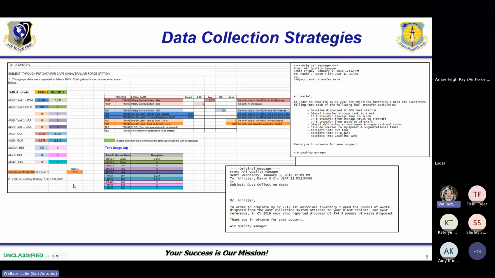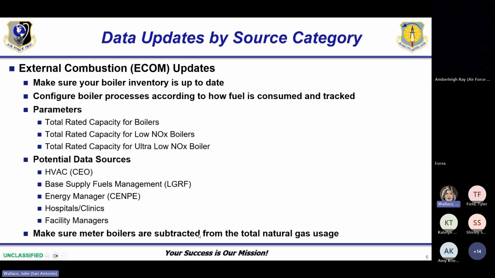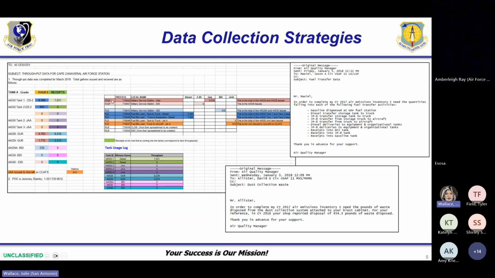Another one that has worked, and I took this one from, I believe, Cape Canaveral. This is the report that the POL shop gives them. In the air quality management office, they have it color coded to say, okay, when I see this number, I know that it goes to the FDSP process and it's gasoline, and it's the total of these two issues.